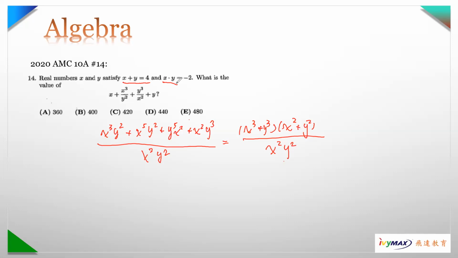Okay, for polynomials, there are some product identities everyone should know about. Say we have x plus y squared equal to x squared plus y squared plus double xy, right? And obviously x squared minus y squared equals x minus y times x plus y.